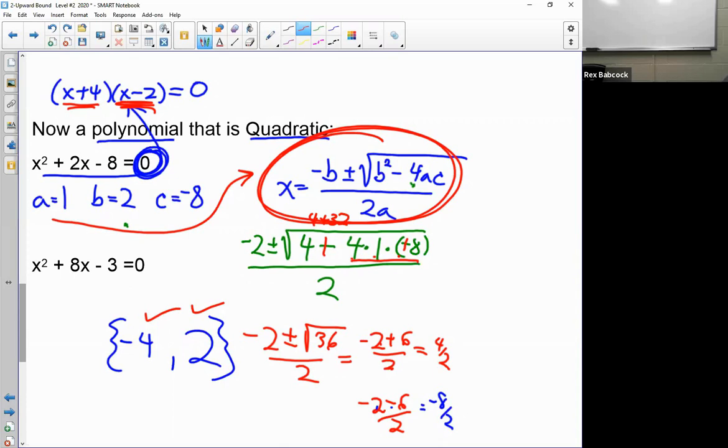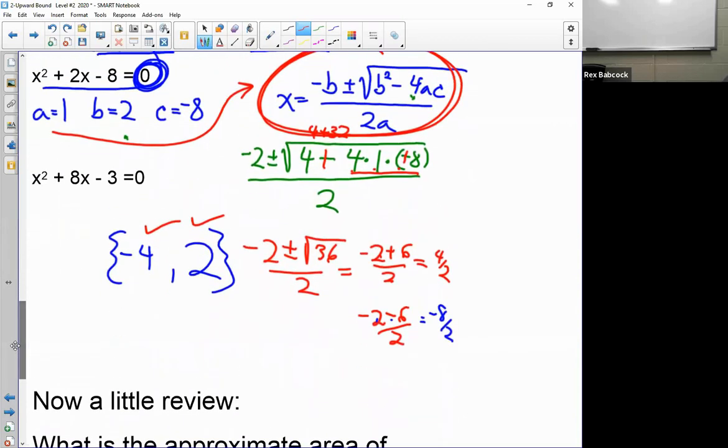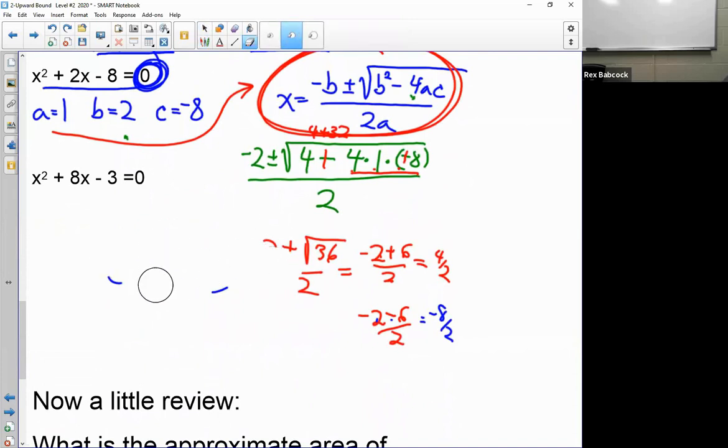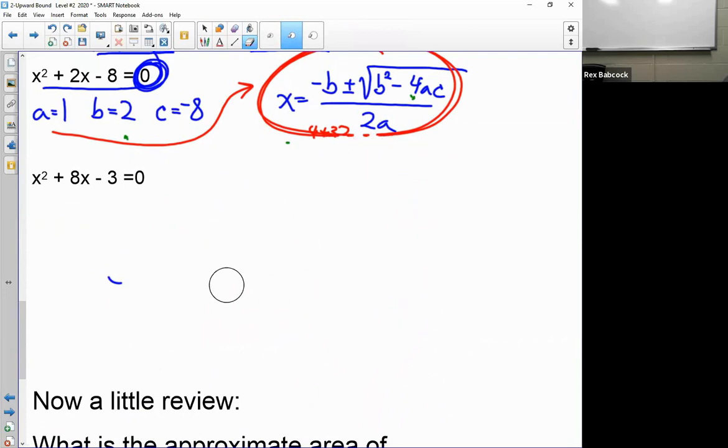Well, let's work the second one together. This one doesn't factor very well at all, but I see a is 1, b is 8, and c is -3.